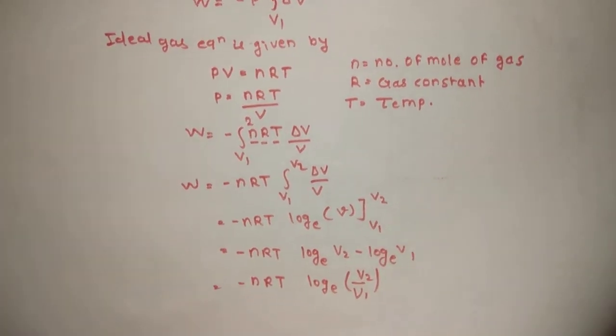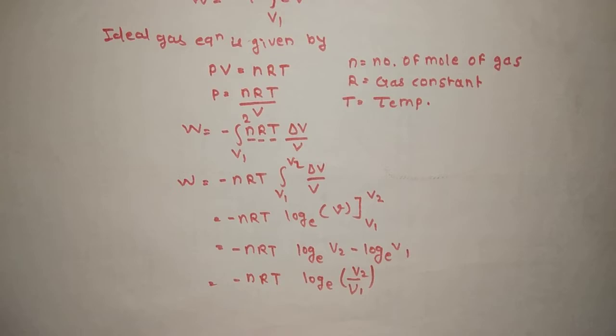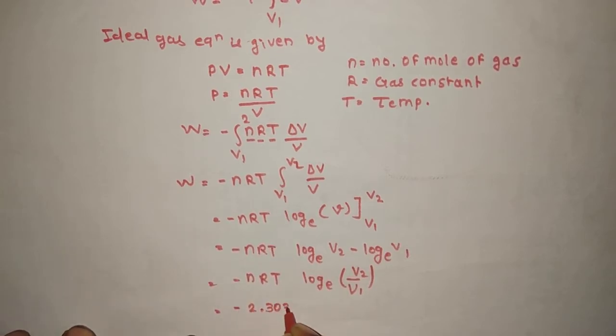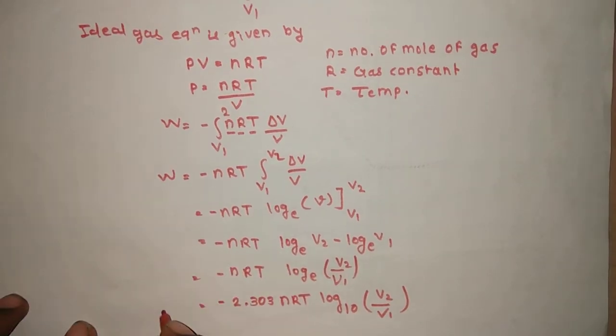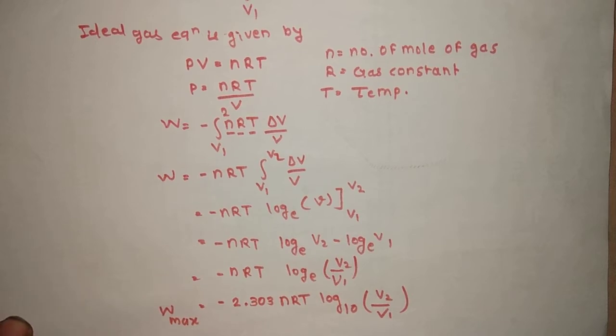Now to convert log e into log 10, we multiply by 2.303. So we get minus 2.303 nRT log to the base 10 of V2 by V1. This is the final expression we get for the maximum work between the limits V1 to V2.